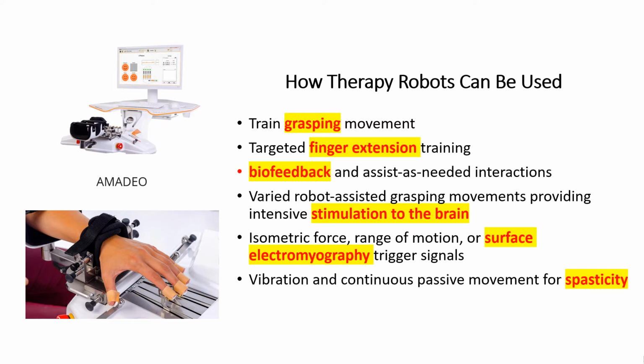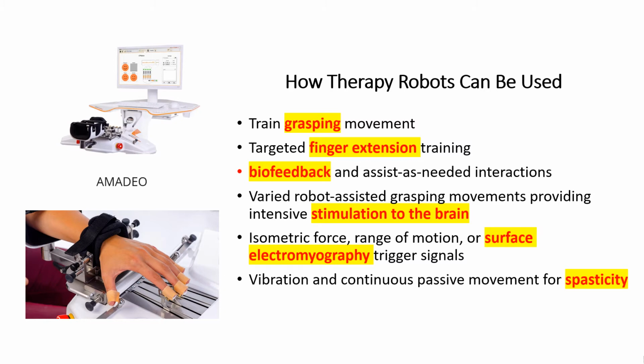The other aspect is providing stimulation to the brain, because as the patient sees function occurring in an otherwise non-functioning limb with the aid of the robot, it motivates the patient to continue with the therapy for recovery to occur. The use of vibration and continuous passive movement has also been seen to be useful in the reduction of spasticity, especially in stroke patients.